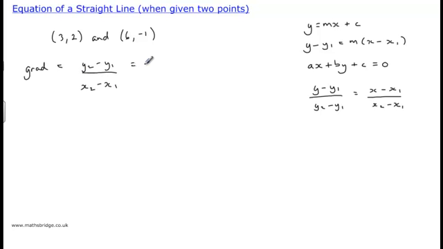So we know the gradient is given by y2 minus y1 over x2 minus x1. Substituting in the coordinate points then gives us a gradient of minus 3 over 3, or minus 1.